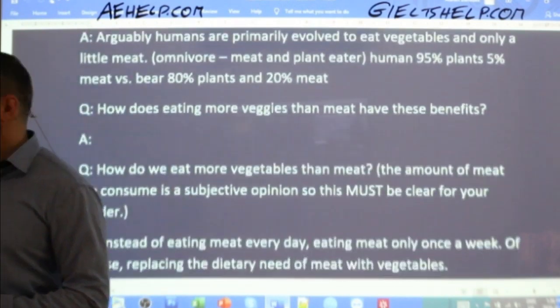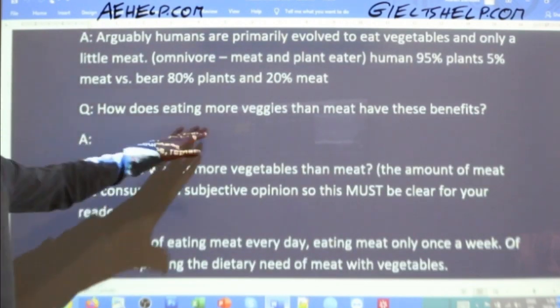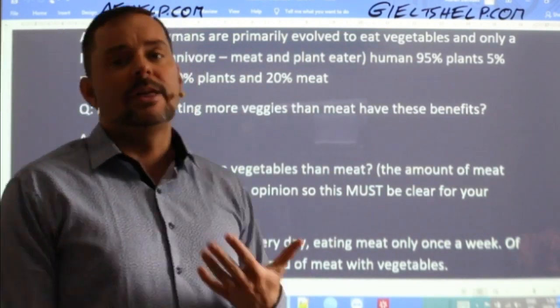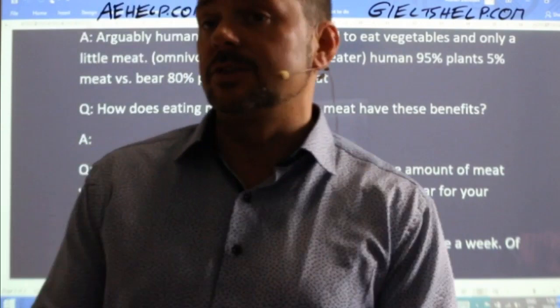And then how does eating more veggies have these benefits? Well, we didn't cover this question. I think, Rajveer, it was you that mentioned that that's a good question to ask. It is.